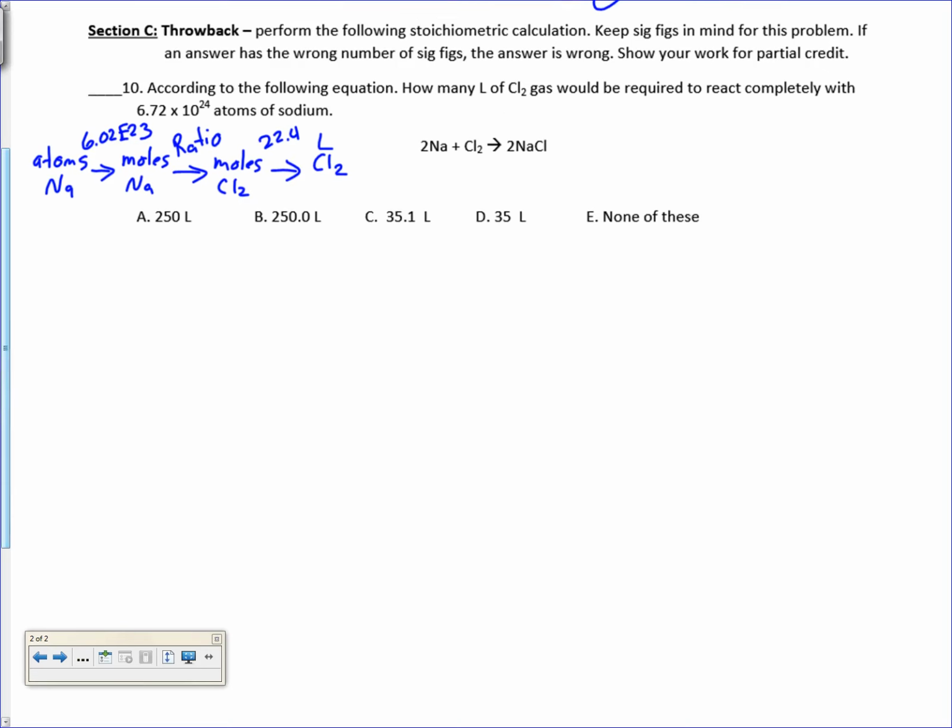So going through here and then writing all of that out, we're going to start with 6.72 times 10 to the 24th atoms of Na. And then we know that there are 6.02 times 10 to the 23rd atoms of Na for every 1 mole of Na.